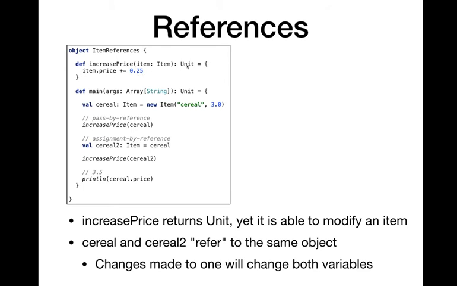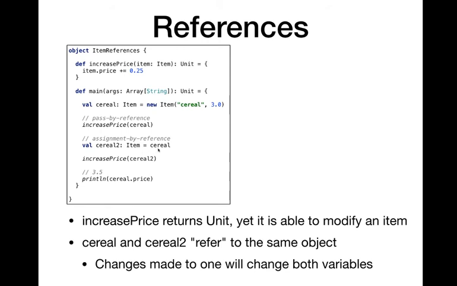Now, when I modify the state of this object in that method, returning unit, I'm not returning anything, but I'm modifying the state of that object. That state will be reflected over here in the original cereal variable, because it points to the same object as the reference that I sent to the method. When this method was called, it is working with the same object as cereal.